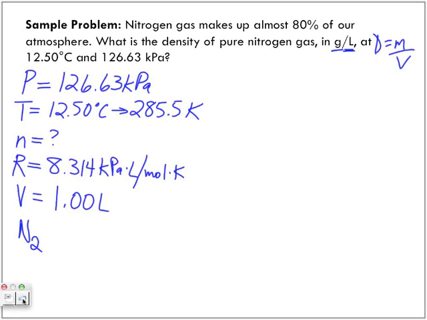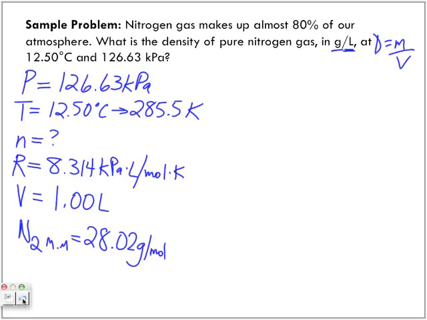Molar mass. Okay. So the molar mass of nitrogen, I have it written down here, 28.02 grams per mole. Right? So the only unknown is how many moles do we really have? We know the molar mass, but we don't know how many moles we actually have of this gas in the atmosphere.